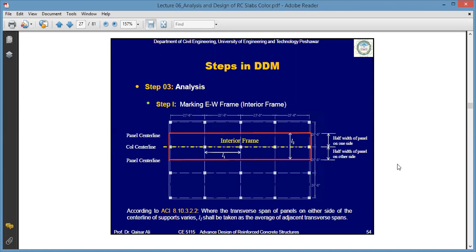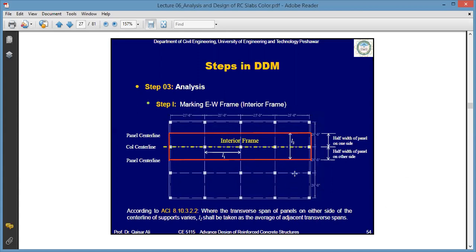You remember, according to ACI, the transverse span means this span, the vertical span. On either side of the central line of support, the value of L2 shall be taken as the average of the adjacent transverse spans.